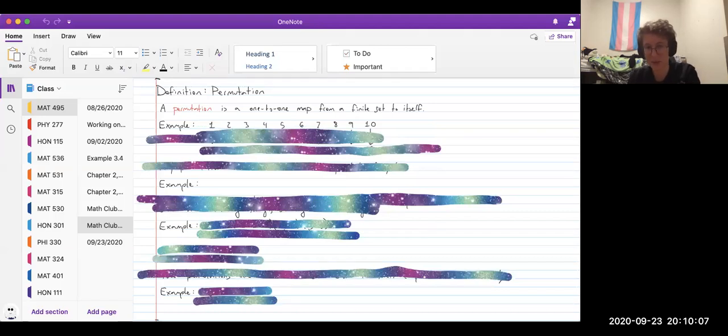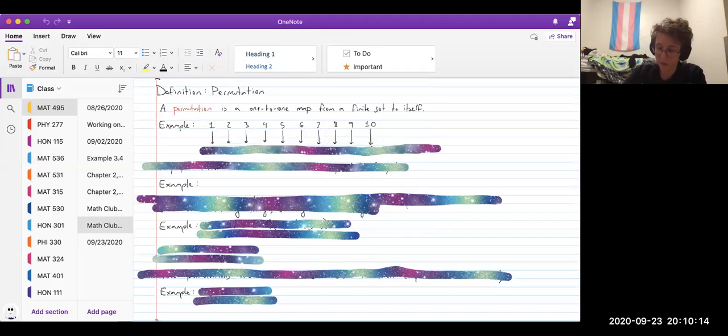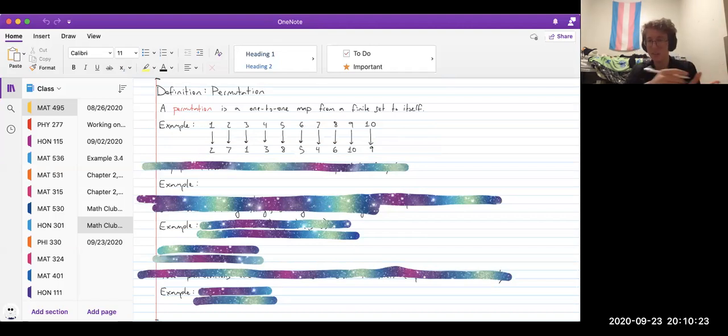You want to map this set of numbers to itself. For example, you can send 1 to 2, 2 to 7, 3 to 1, and so on. As you can see, every number that appears up here appears down here exactly once, because it has to be a one-to-one map to itself.